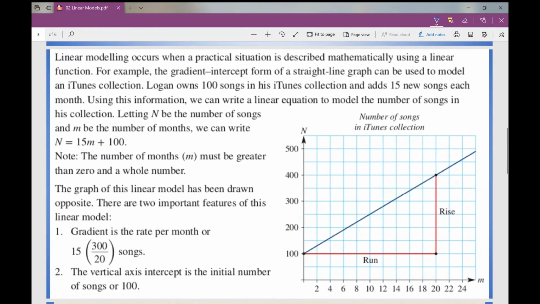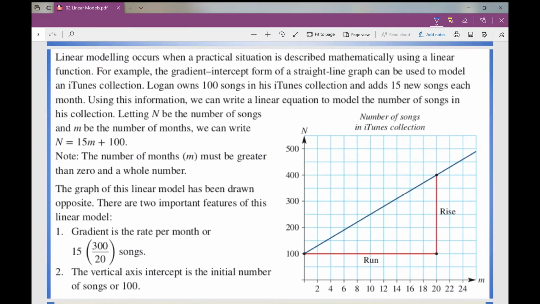Okay, I'll get you guys to just have a read through what's happening here in this situation. Basically, what we've done is we've made a graph here of the number of songs in Logan's iTunes library.